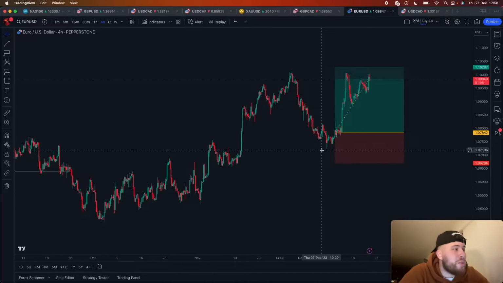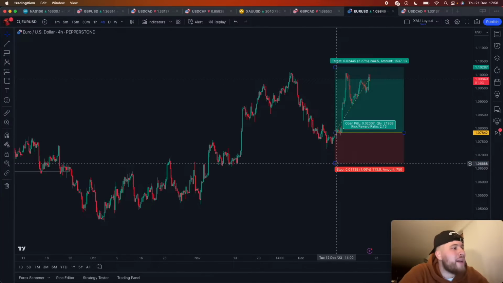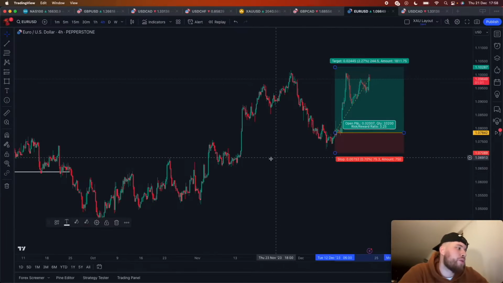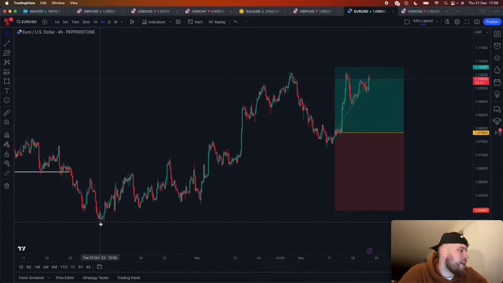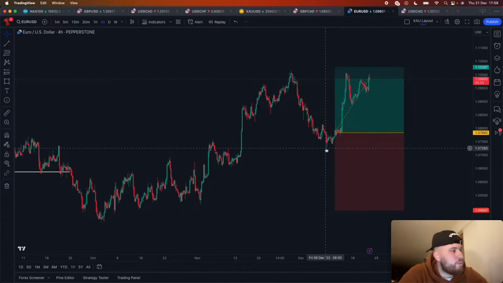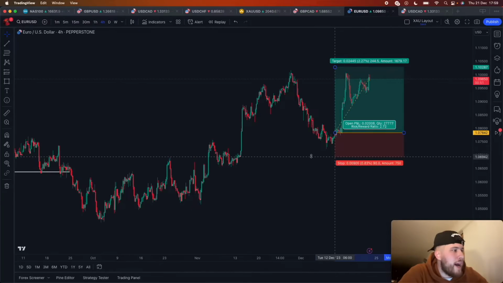Now, when it comes to placing our stop loss, where do you think that we should place our stop loss? Do we place it below this low here? Do we place it below this low here? This low down here? Or do we place it below this low? Well, for me personally, I would be placing my stop loss below this low.